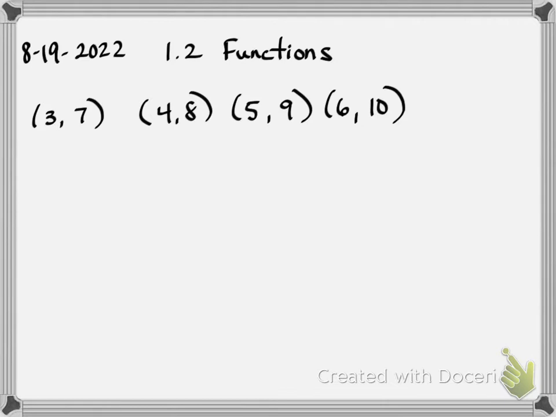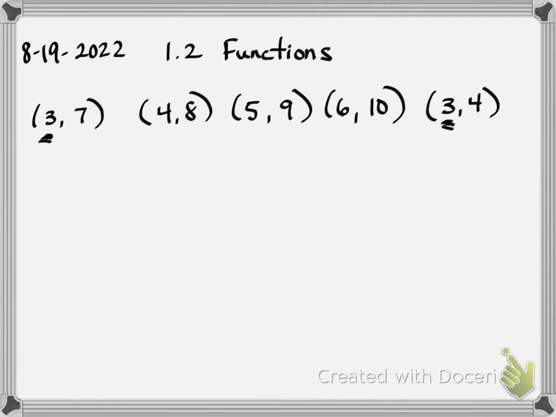This relation is also a function because every x is going to a unique y. However, if I add this other point, then this relation is no longer a function because this x, this 3, has two different y values.